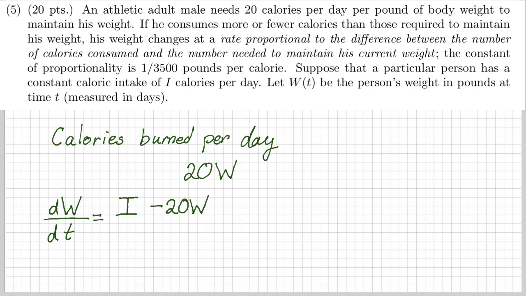So to get it in terms of weight, we have to divide by 3,500, because that's the number of calories that make up a pound, right?